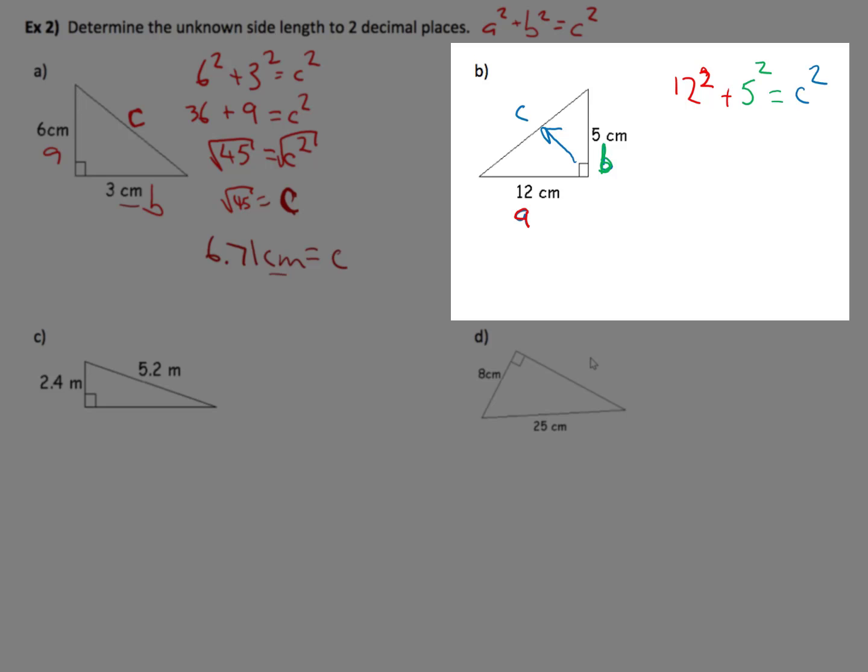Perfect. So now you can see where all these numbers are coming from. If you put 5 squared plus 12 squared, it's going to be the same in the end anyway. So it doesn't really matter too much on that front.